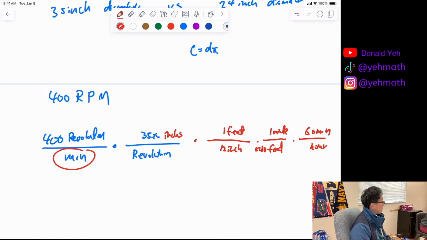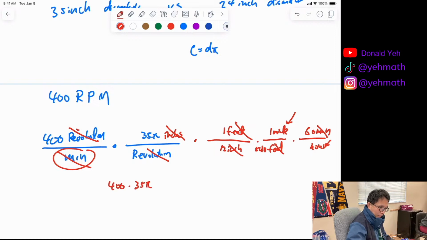So I'm going to cancel everything out. Revolution, cancel the revolution. Inches, cancel the inches. Feet, cancel the feet. Mile is going to be left over. Minutes, cancel the minutes. So you're going to get miles per hour. So I'm going to do 400 times 35 pi times 60 divided by 12 and times 5,280.